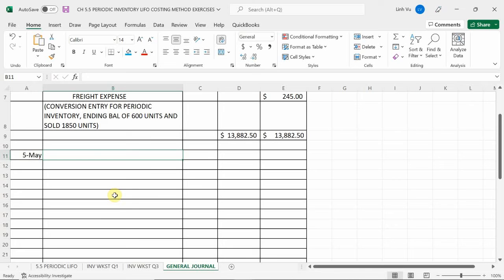Would you do the purchase price? Purchase expense. Yes. What else?